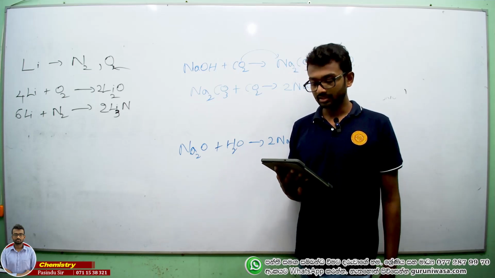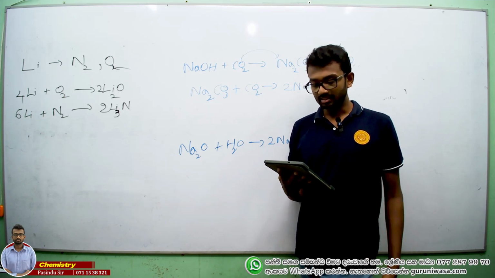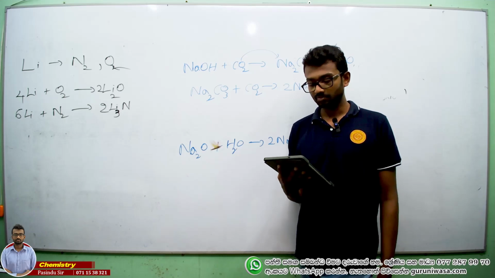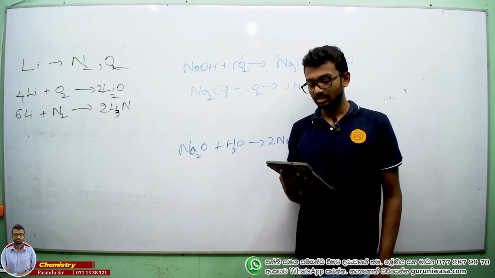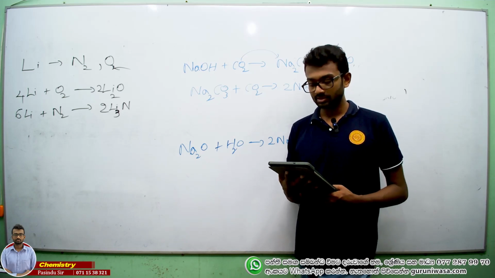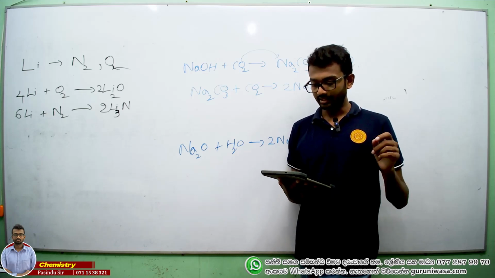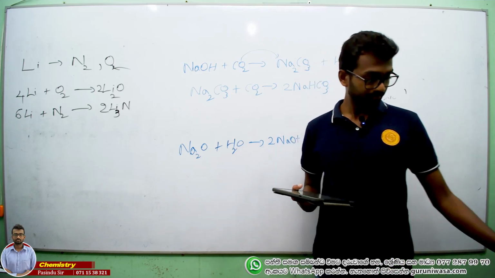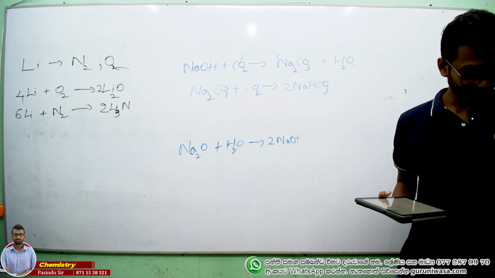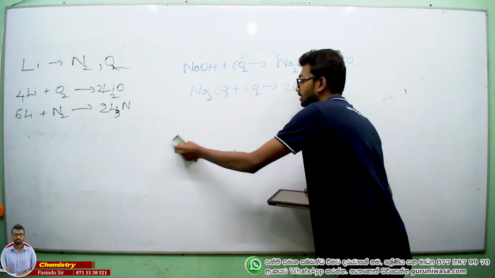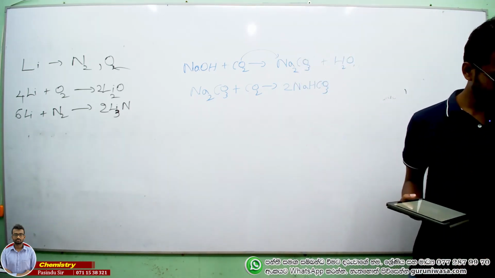Write down the first point. Group 1 elements react with hydrogen to produce solid ionic metal hydrides. Okay, they can react with hydrogen and form metal hydrides.